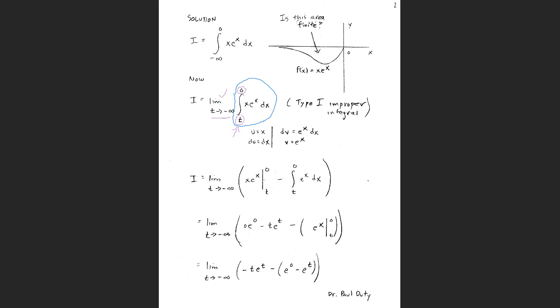So we're going to be computing this definite integral using the techniques that we've learned. Once we get the antiderivative and substitute in t and 0, then we take the limit. What approach am I doing here? I'm letting u equals x and dv equals e to the x dx. What approach is that? Samuel? Integration by parts. Okay, integration by parts.